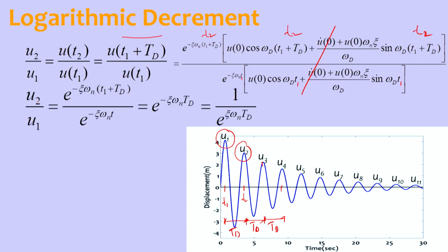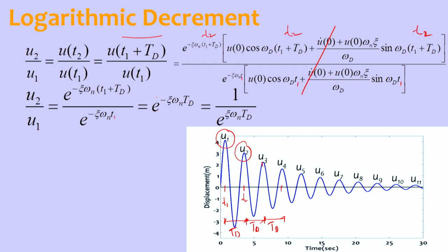So we can write U2 by U1 as e to the power of minus zeta omega n (T1 plus Td) divided by e to the power of minus zeta omega n T1. If we expand this one, because there is a plus symbol in the bracket, we multiply it out and the T1 terms cancel. That leaves us with e to the power of minus zeta omega n Td.